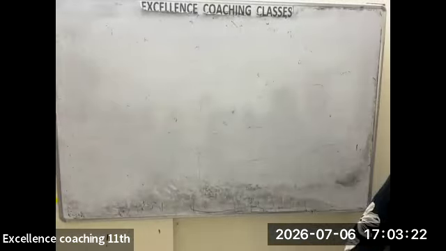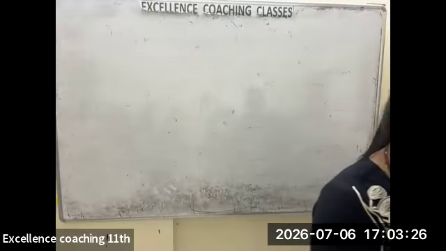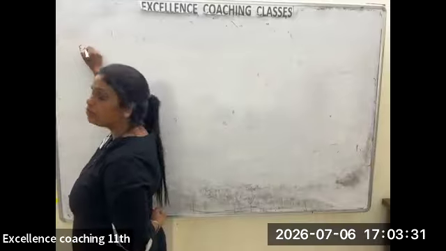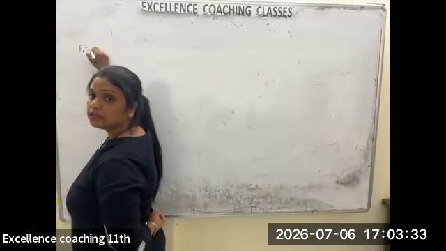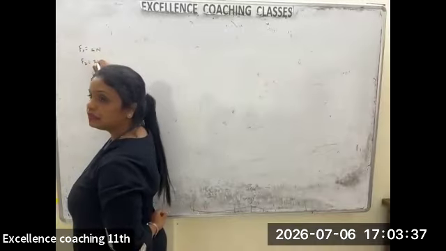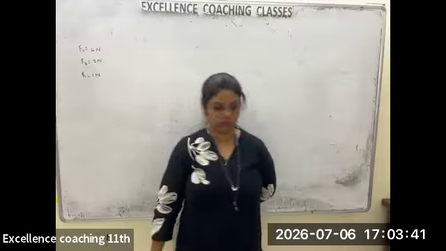Read question number 6. Two forces 4 and 3 Newton give a resultant of 1 Newton. So what are the things given? Two forces, F1 is given as 4 Newton, F2 is given as 3 Newton, and the resultant is also given to us as 1 Newton.